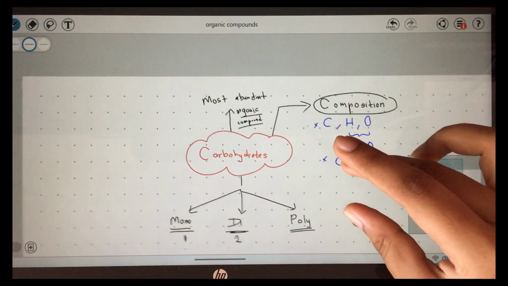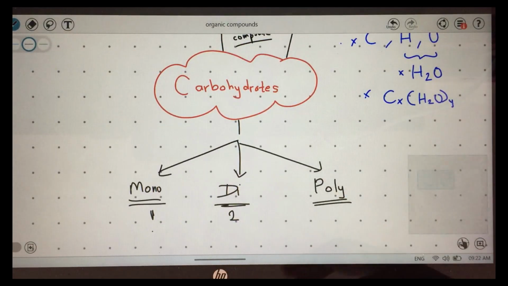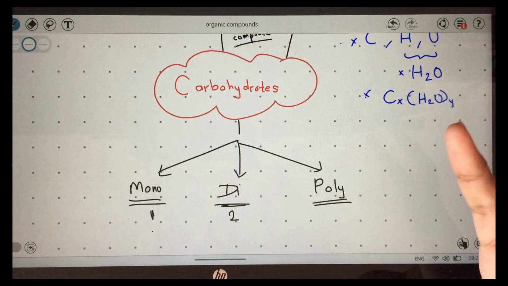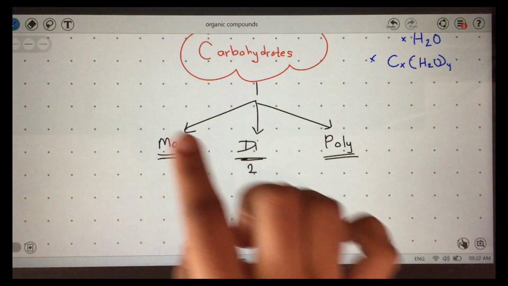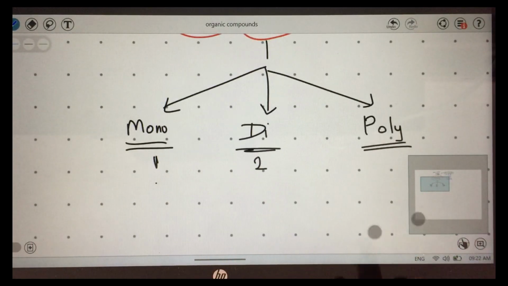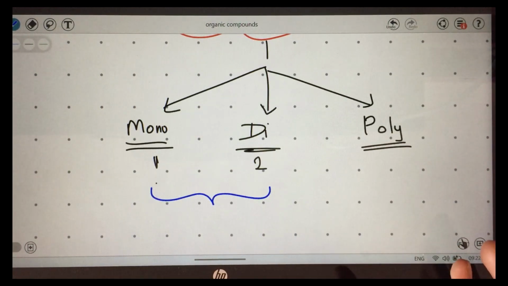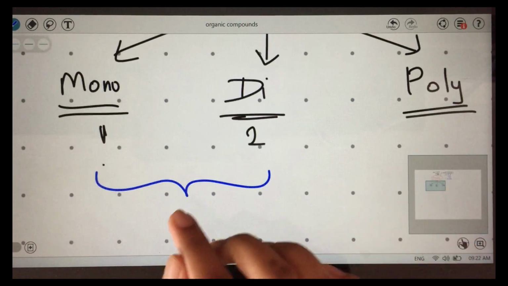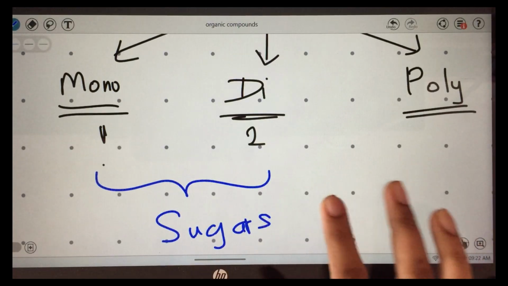Then you have to speak about the general features of these carbohydrates. So with this itself we can continue that part. What they are saying here is that mono and disaccharides are going to be sugars, but we don't consider polysaccharides as sugars.